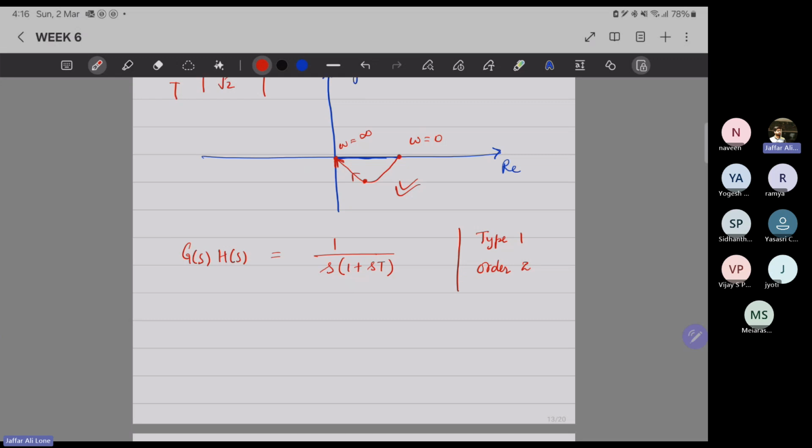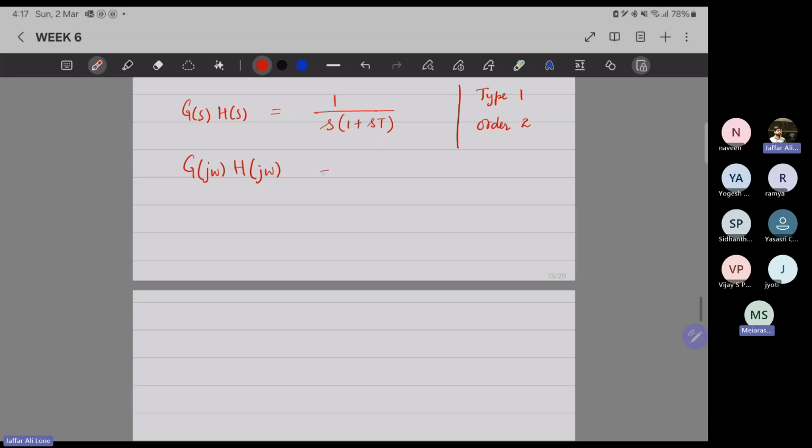Okay, so now whenever we have to draw polar plots, how do we start? We take gj omega, hj omega, replace s with j omega, 1 over j omega into 1 plus j omega t. Now what we will do, we'll find the magnitude.